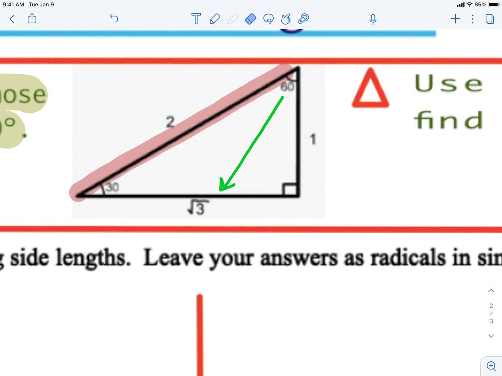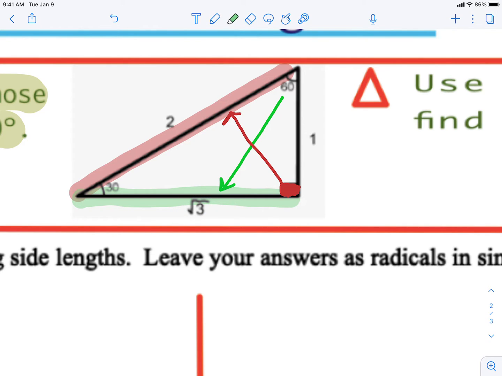This is across from the 60. And since we used red, I'm going to use this color for my 90. Across from the 90 is the hypotenuse. Across from the 60 is the long leg, and the long leg is always radical 3.